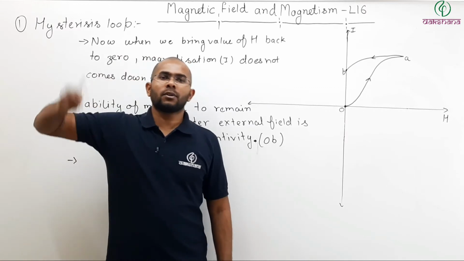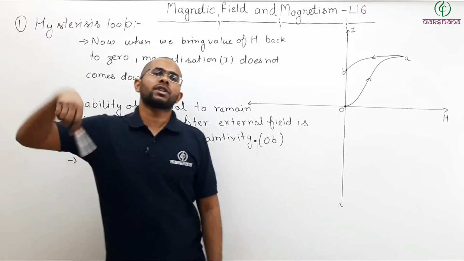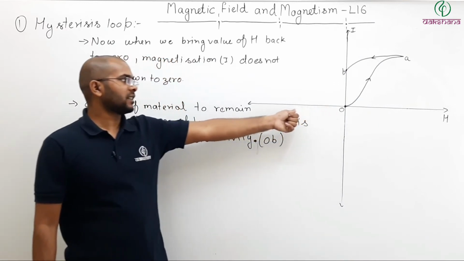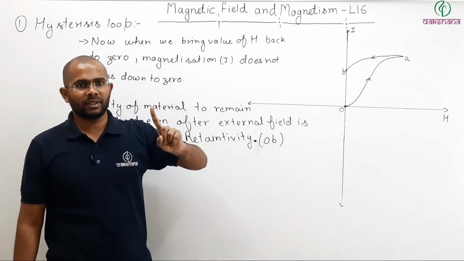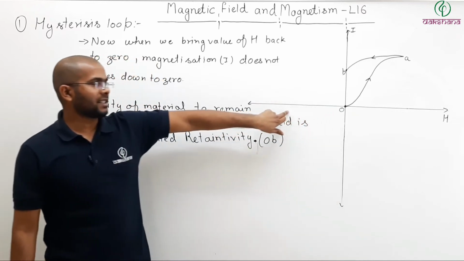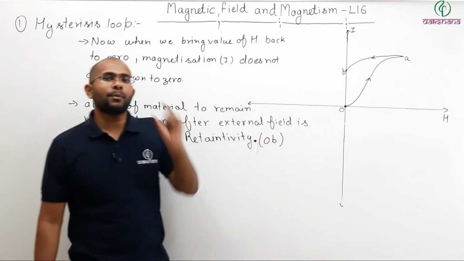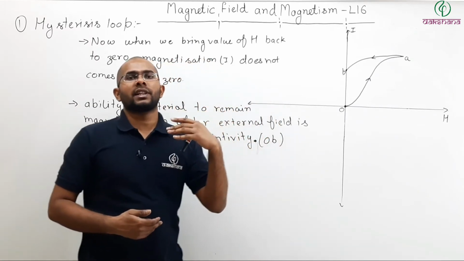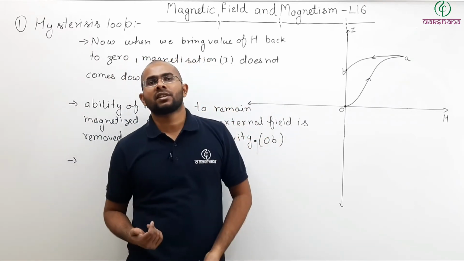Now if I want to bring this magnetization to 0, what can I do? I can start flowing current in anti-clockwise, that is the opposite direction to the initial. I can make the magnetic intensity negative. When you make the magnetic intensity negative, the atomic dipoles will try to rotate in the opposite direction. Their alignment direction will change.